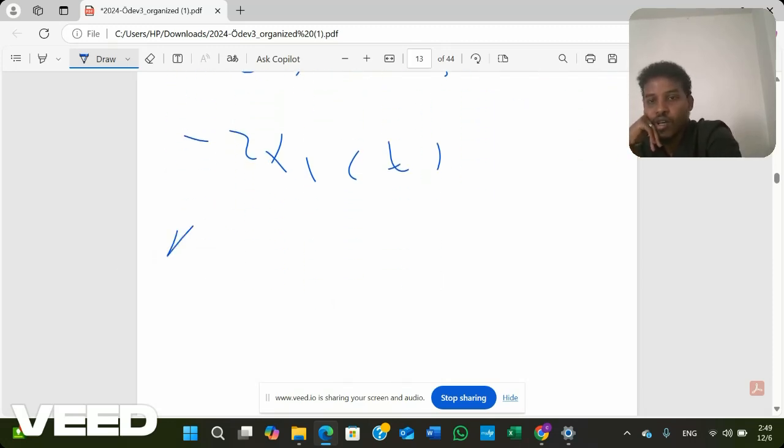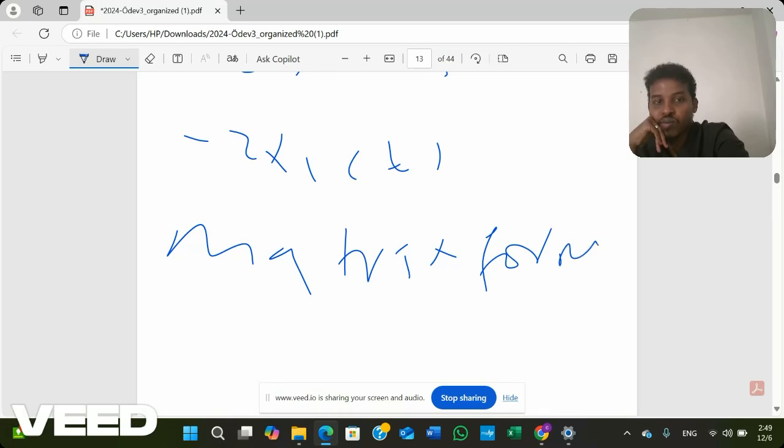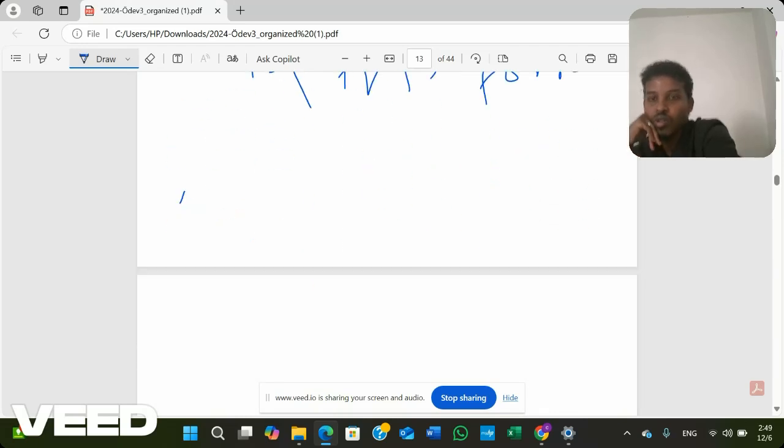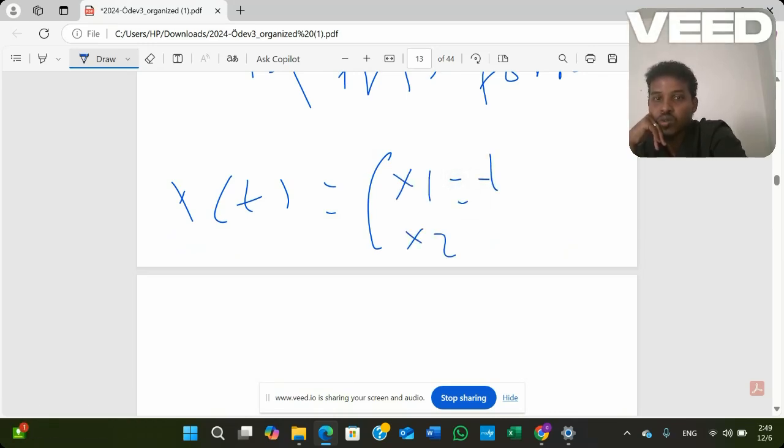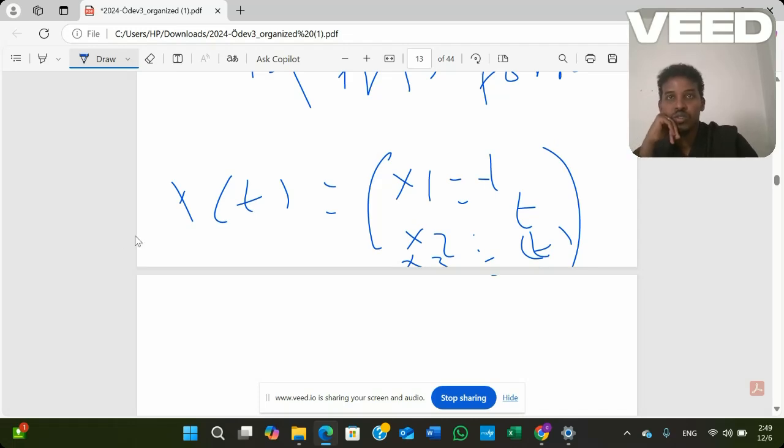Now I will look for the matrix form. The matrix form: x(t) has components x1(t), x2(t), x3(t).